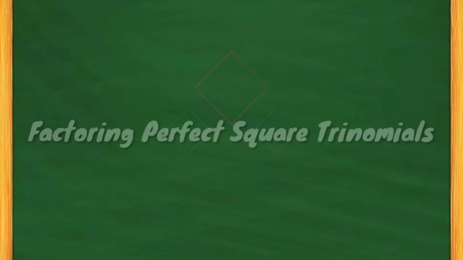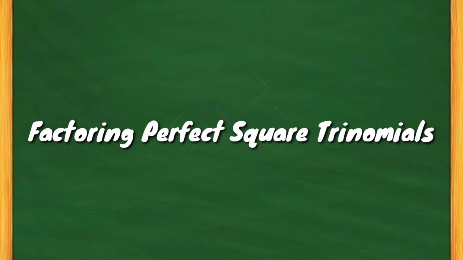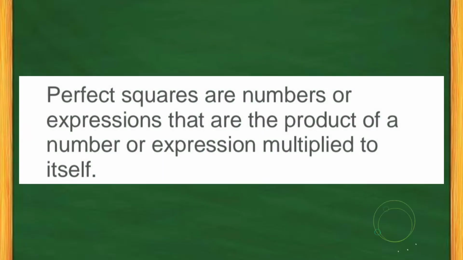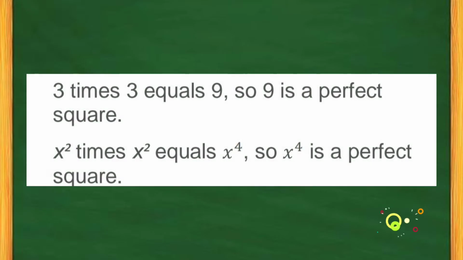Let's begin with the topic, factoring perfect square trinomials. Perfect squares are numbers or expressions that are the product of a number or expression multiplied to itself. So kung meron tayong isang number or expression na tinimes sa sarili niya, ang sagot ay automatic a perfect square.